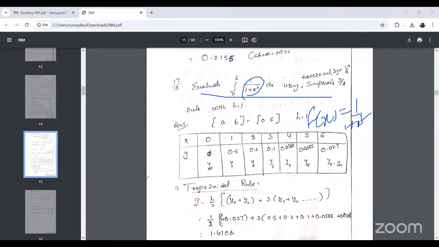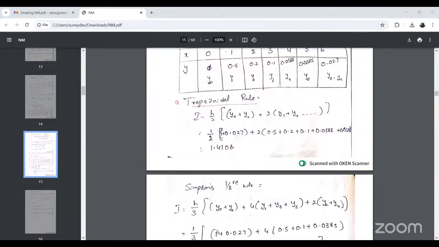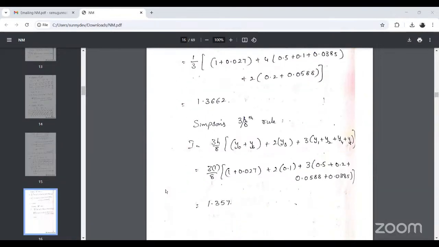Now the trapezoidal rule. What does the trapezoidal rule mean? I equal to h by 2 times the first term plus last term, plus 2 into the remaining terms. And Simpson 1 by third: h by 3 times the first term plus last term, plus 4 into odd terms, plus 2 into even terms. So this is the thing. And next, the Simpson 3 by 8 rule: 3h by 8 times the first term plus last term, plus 2 into y3.